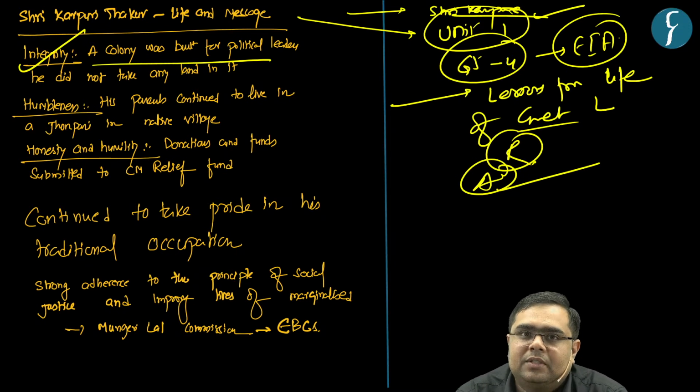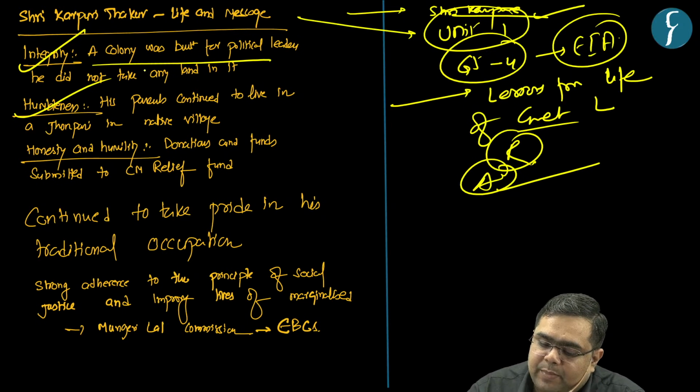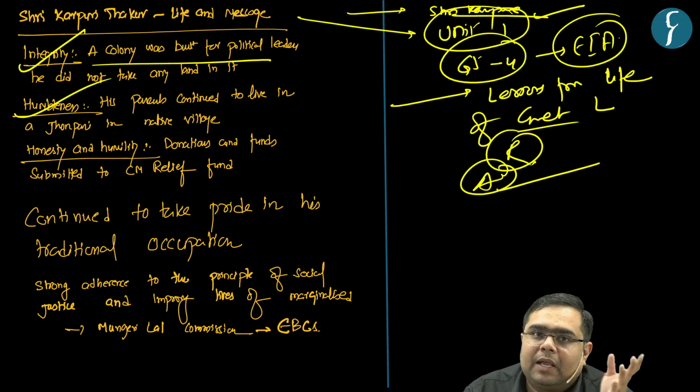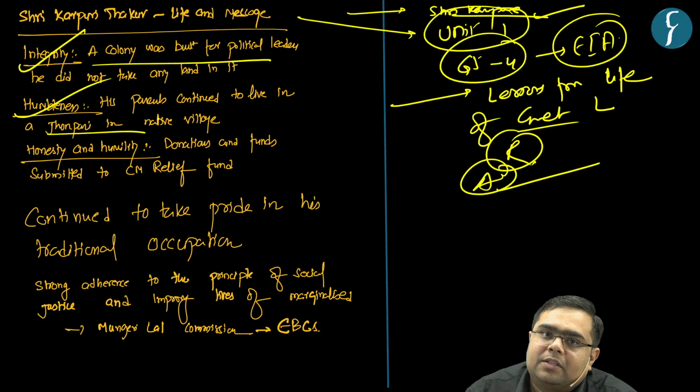This is an example of integrity. Then humbleness. His parents continued to live and perform their own traditional tasks even after he became the chief minister of a state twice, and they used to live in kacha houses or jhopdis. Then honesty and humility.